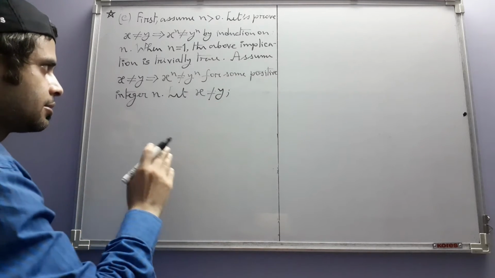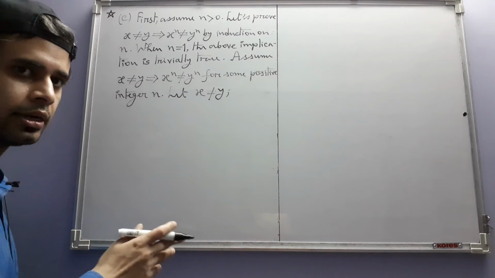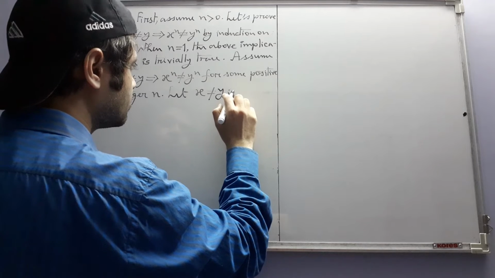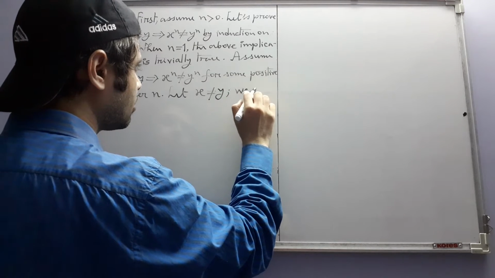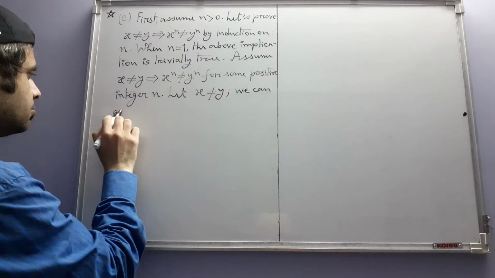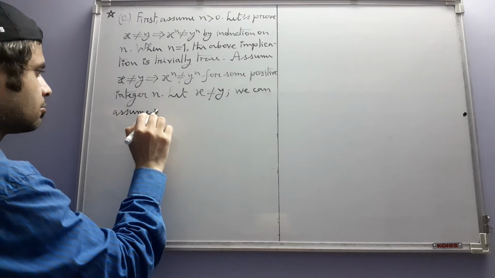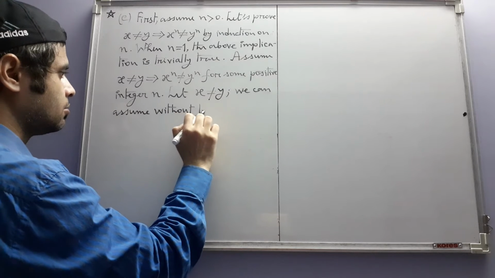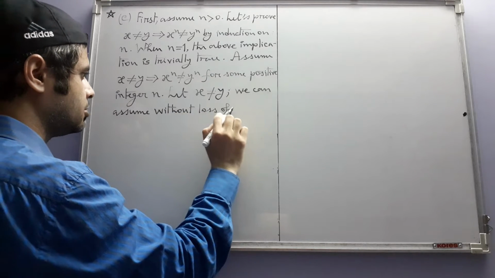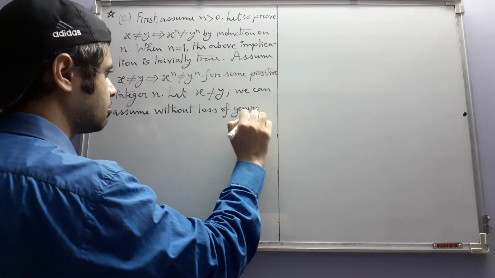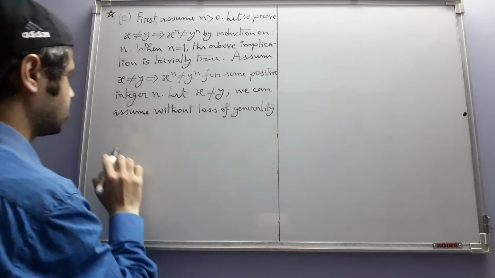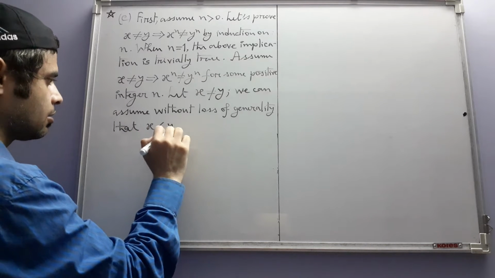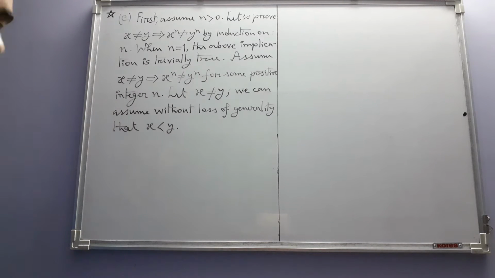So then either x is less than y or y is less than x by trichotomy of rational numbers. And we can assume without loss of generality that x is less than y.